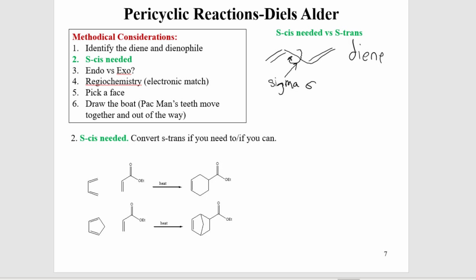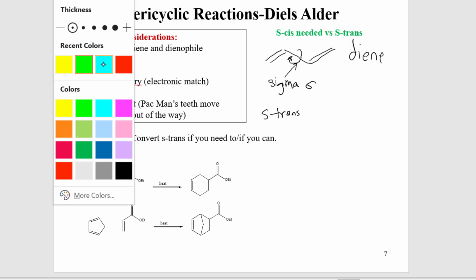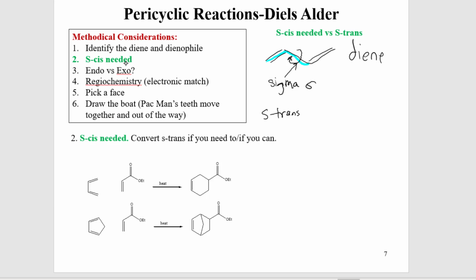And so S-trans is preferred, and that's how I have it right now, S-trans. You see how the 2 double bonds are opposite to one another. So the sigma bond places the pi systems trans to one another.